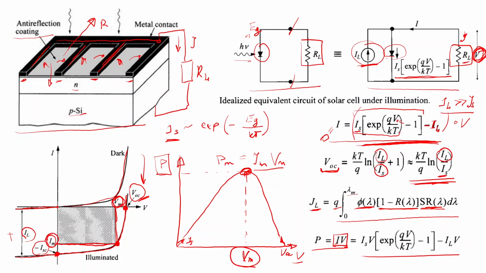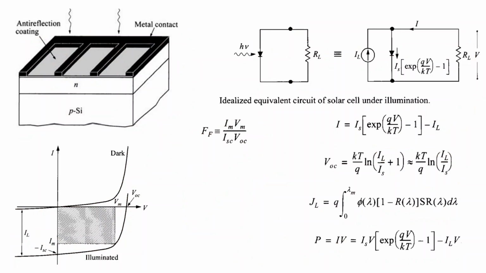So now, when we know all of this, we can introduce the third main photoelectric parameter, which is called fill factor. Fill factor is the ratio between the area, like this dashed area, which is our power, which we can collect in external electric circuit from this solar cell, divided by the area of this rectangle, which is defined by short circuit current and VOC.